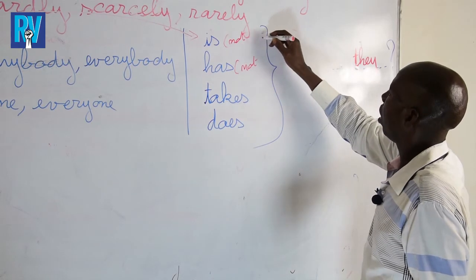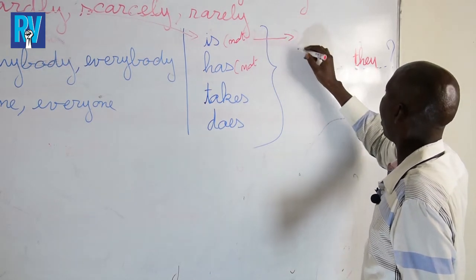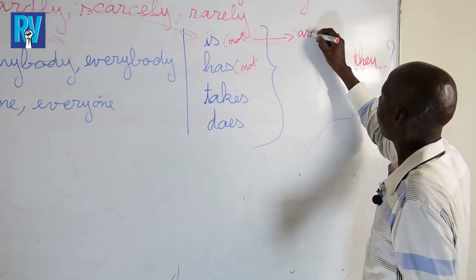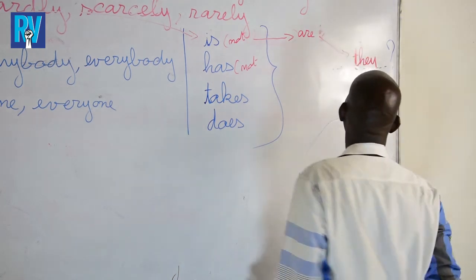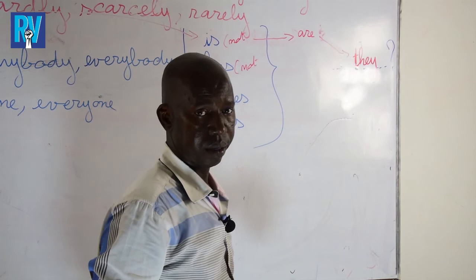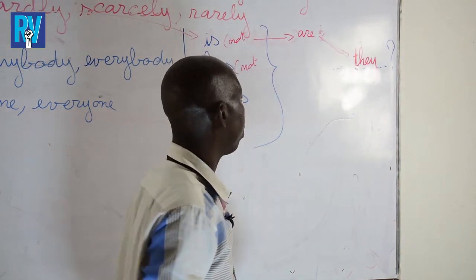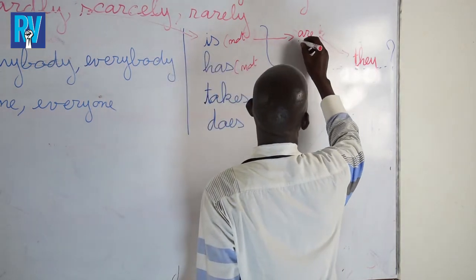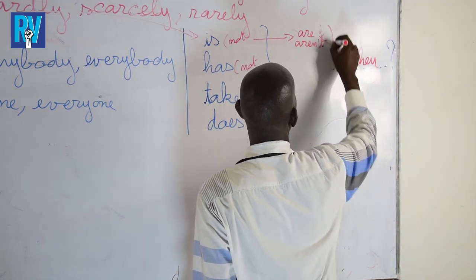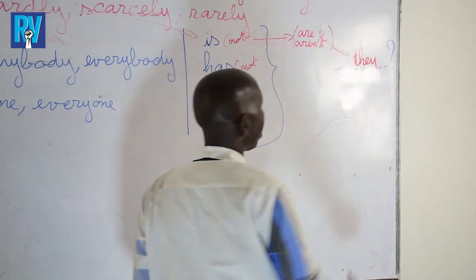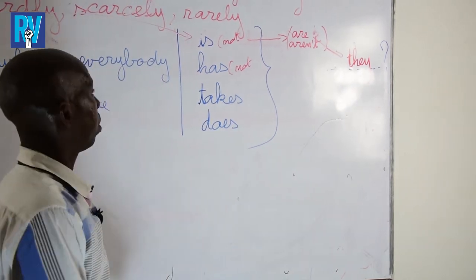So here, we are going to have they are, affirmative form, or aren't they? Are they or aren't they?